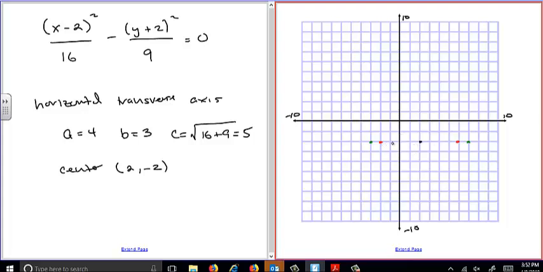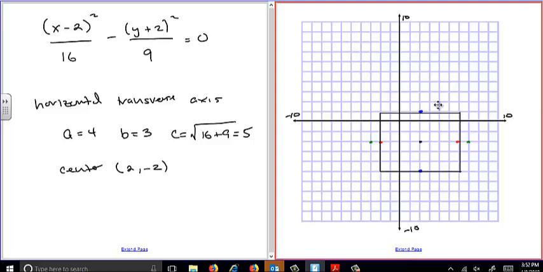What we need is these two points, and then we go the opposite direction, whatever b units is, 1, 2, 3, and 1, 2, 3, and we make a rectangle to go through these 4 points individually.